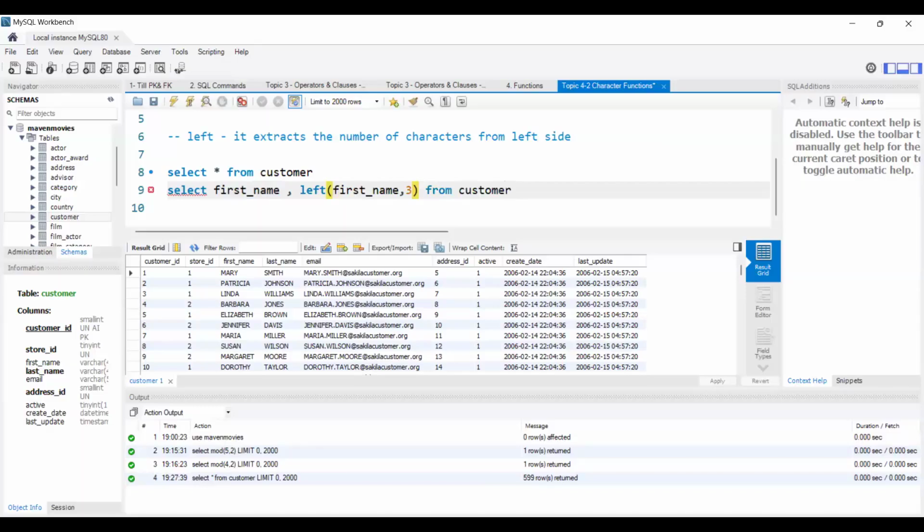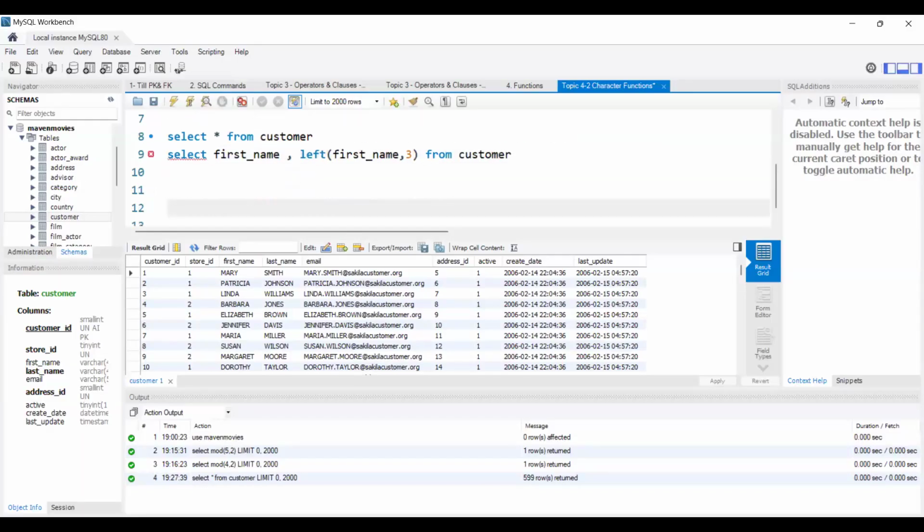Whenever we use the left or right function, we need to give two parameters. In the first, we write the column name we want to extract from, and the second is how many characters we want to extract.